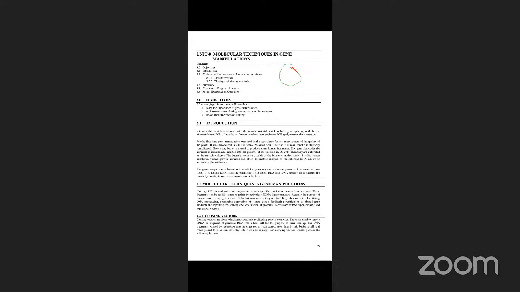Cloning vectors are autonomously replicating genetic elements or extrachromosomal genetic elements that carry this genomic DNA into the host cell for gene cloning. So first it has to be cut with the restriction enzyme, so they should have restriction sites.